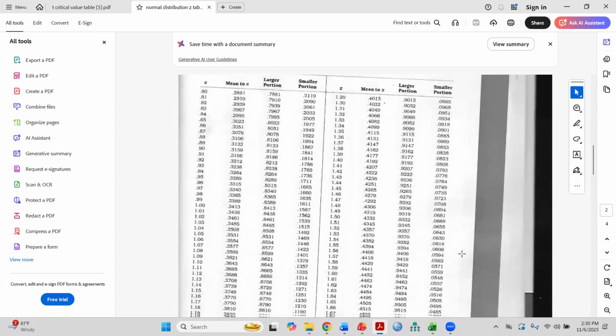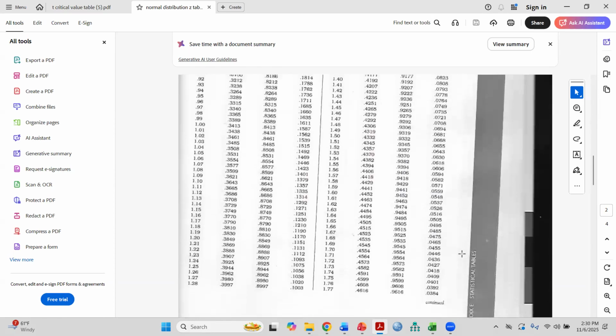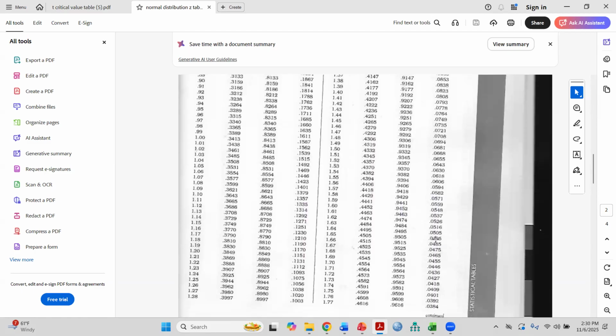And so I'd go down and try to find 0.05. Now, there's not an exact 0.05. There's either a 0.0495 or a 0.0505. And so you'd want to be right in the middle of that. But anyway, if you follow that over, you find a critical z-score of either 1.64 or 1.65.